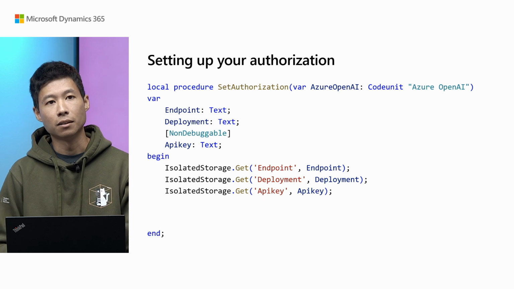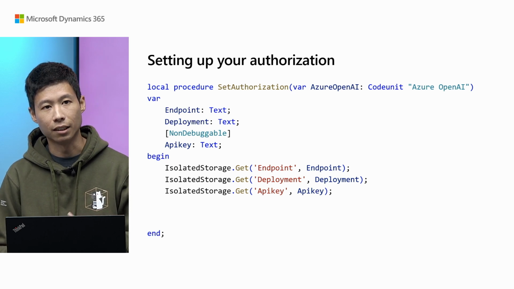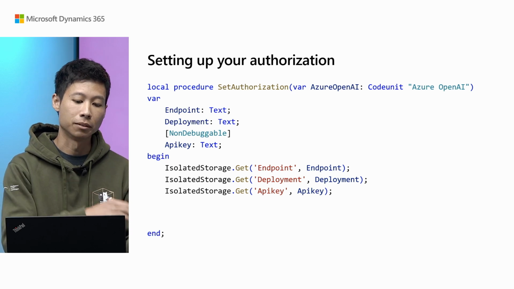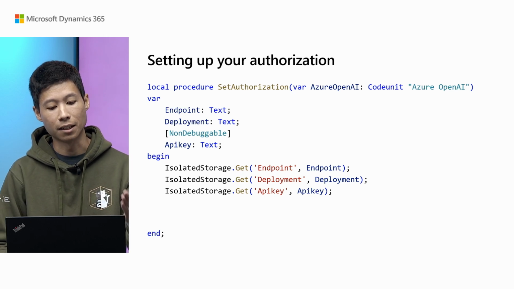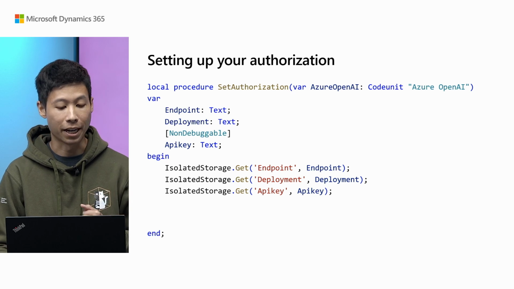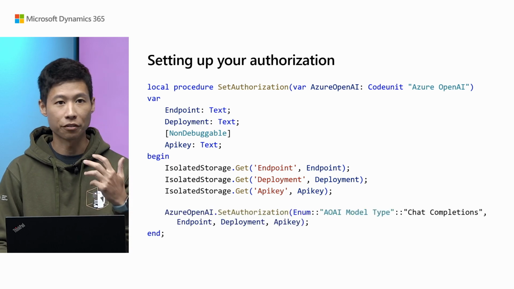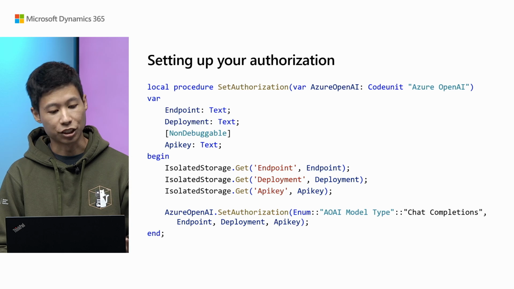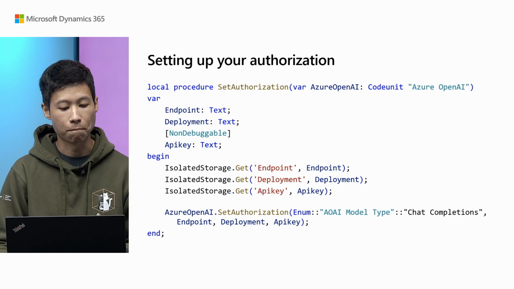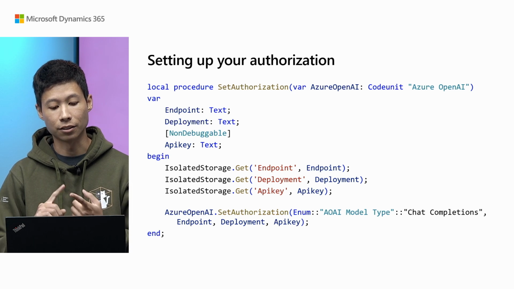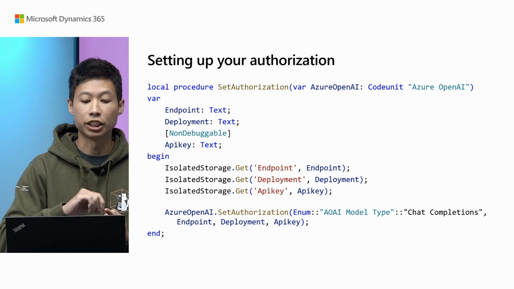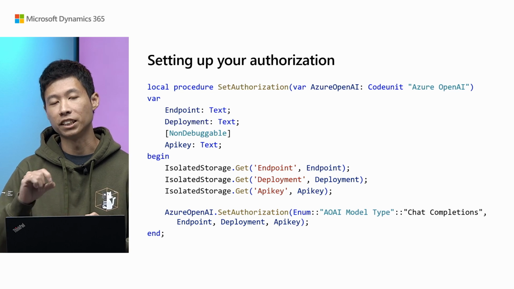And here, my set authorization is basically going to set the authorization being used for this generation. So here, I'm getting my endpoint, my deployment, and my API key. And with that, I just need to call Azure OpenAI set authorization. I set the model type that I will be calling, as let's not forget that each deployment is a specific model.